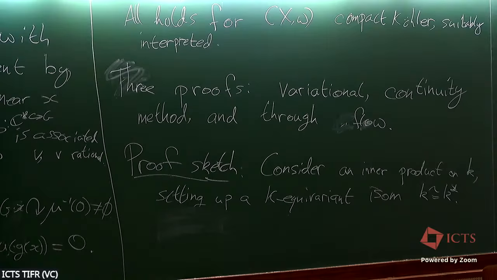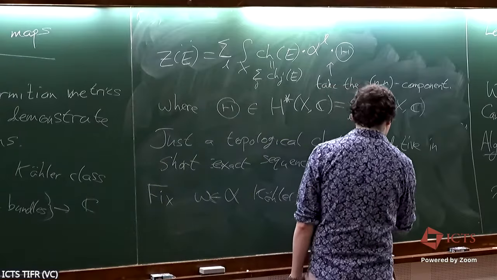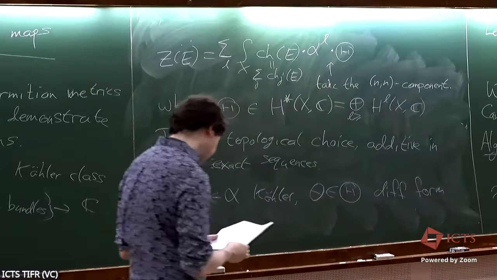Okay, so to define a PDE, our variable is the Hermitian metric on the vector bundle, so the other things should be fixed. I'm going to fix omega and alpha Kähler. And I'm going to fix a representative of capital theta through differential forms. So this is some cohomology class, so I just choose some closed representative.